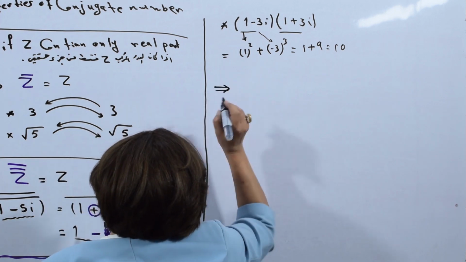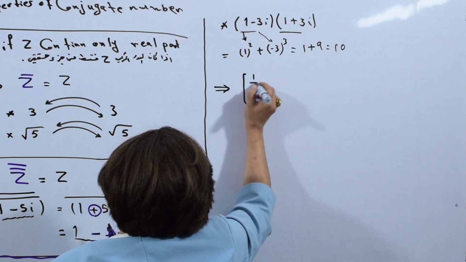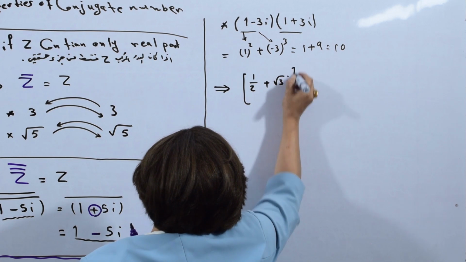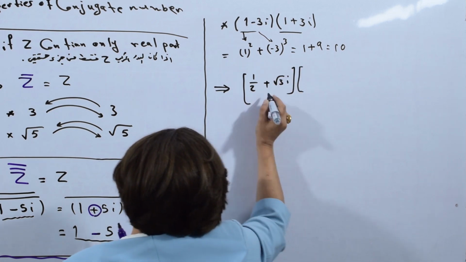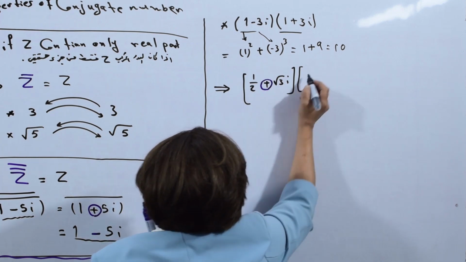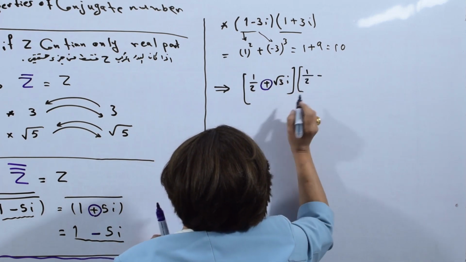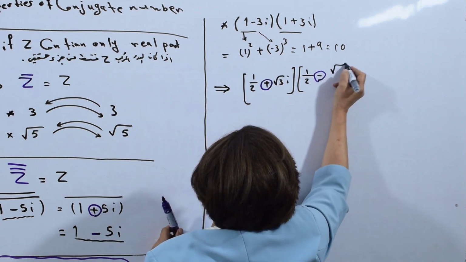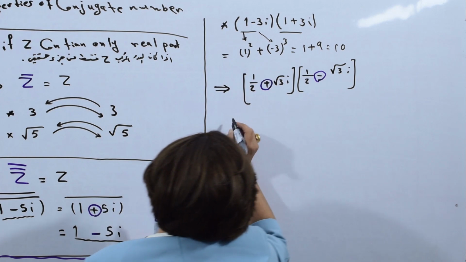راح آخذ مثال آخر. If I take half minus root of 3 times i times conjugate for this number, change the sign for imaginary part give me half plus root of 3 times i. Listen to me.